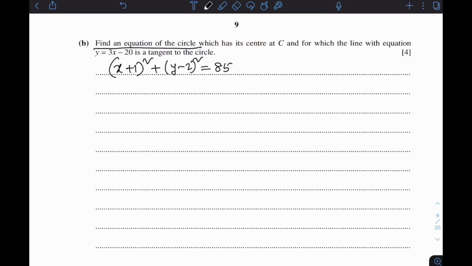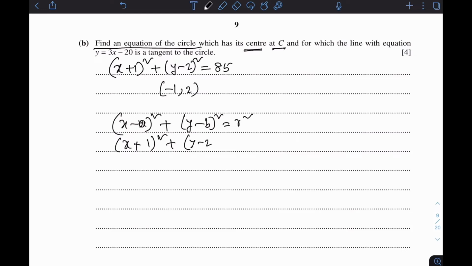Okay, we know the equation of a circle is (x − a)² + (y − b)² = r², and its center is at C. So we can write easily here (x + 1), because the previous circle's center is (−1, 2). So instead of a, we can write −1, and instead of b, we can write 2.